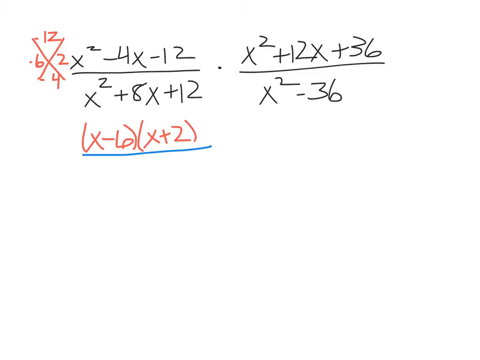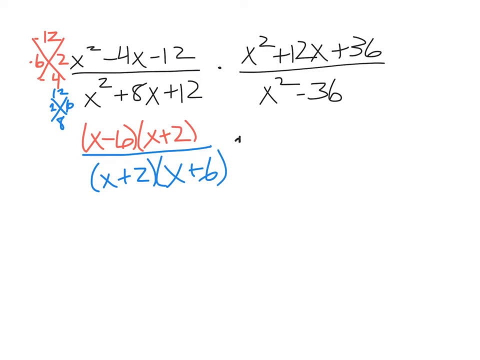Then our bottom one is what two numbers multiply to 12 and add to 8, and that's going to be 2 and 6. Also watch your signs with these.